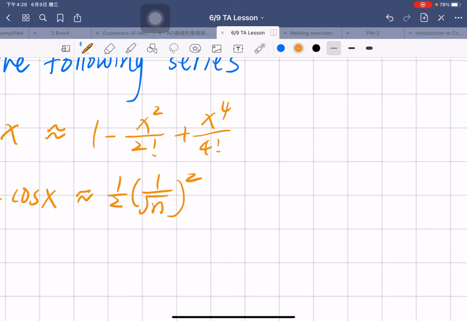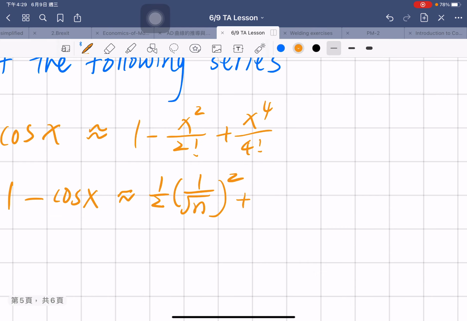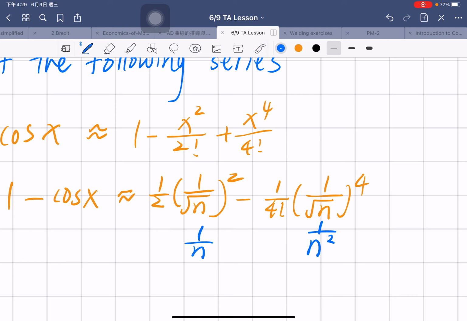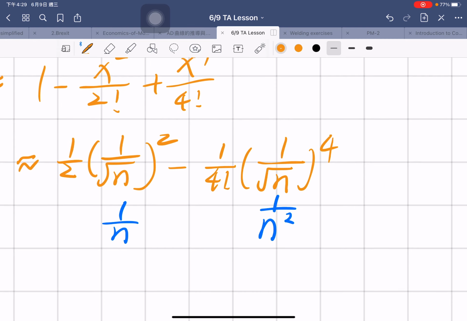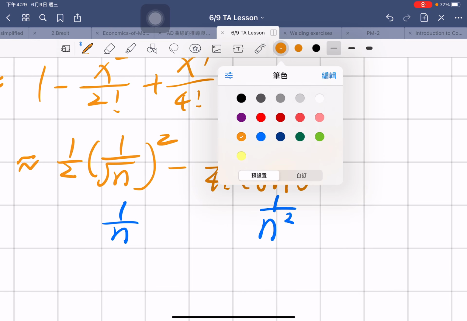Because of the other terms, you also get some term in 4 factorial and 1 over square root of n with a 4th power, but we know that this will be too small to determine, so this will be the leading term.